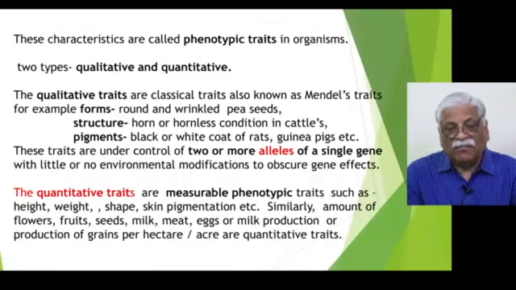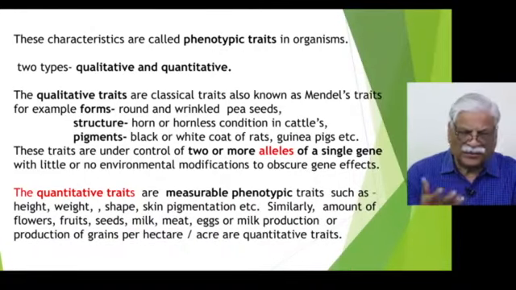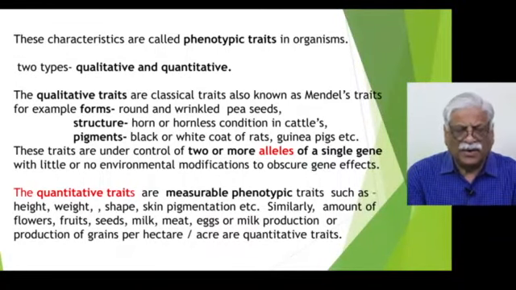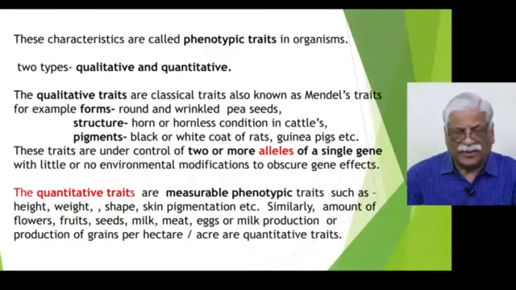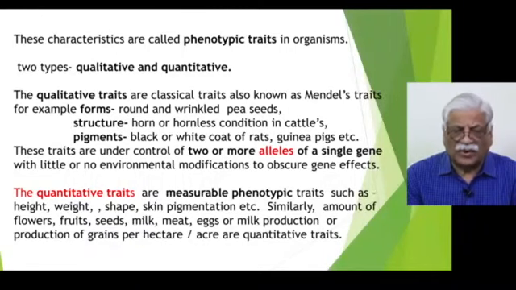Quantitative traits are measurable phenotypic traits. For example, the height of a man or height of a cow, weight of a man or weight of a cow, shape of any other animal, pigmentation on the skin. Some people have very light skin, some people have dark skin. So, it is basically the accumulation of pigmentation controlled by genes.